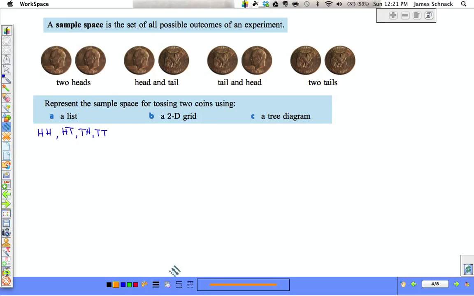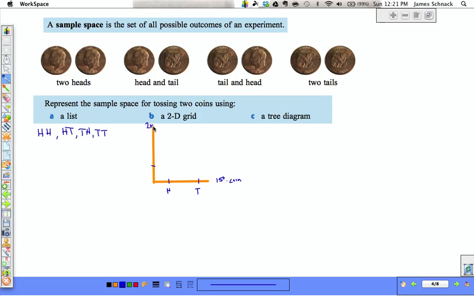Next, a 2-dimensional grid. We create an X and Y axis, one basically for the first toss, one for the second toss. And on the first toss, or for the first coin, we could have heads, or we could have tails.